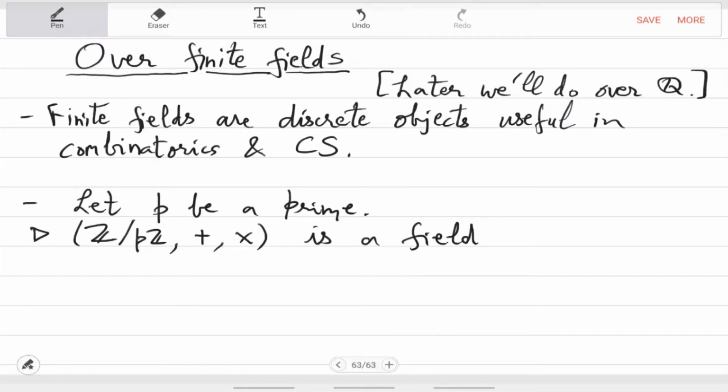More interesting things happen when you want a field of size p squared. So this is a field of size p. What is a field of size p squared? That you have constructed in the first assignment. That is done by picking irreducible polynomials, in this case of degree 2.